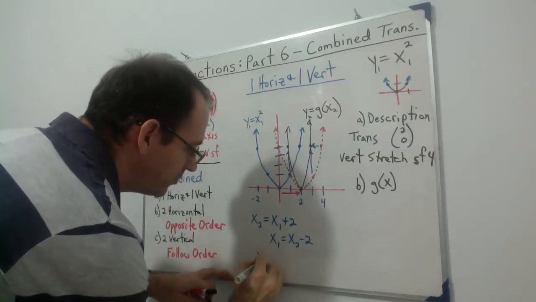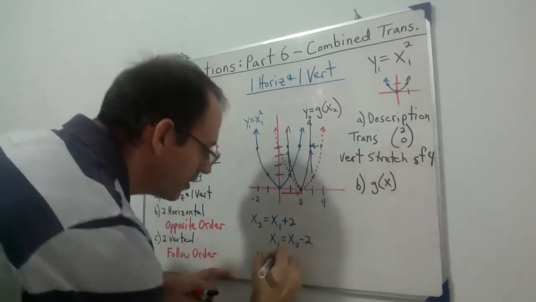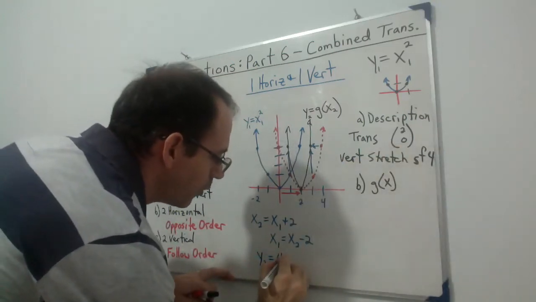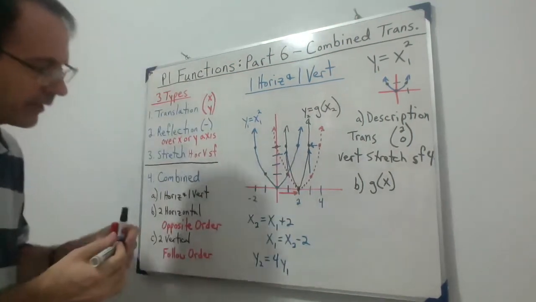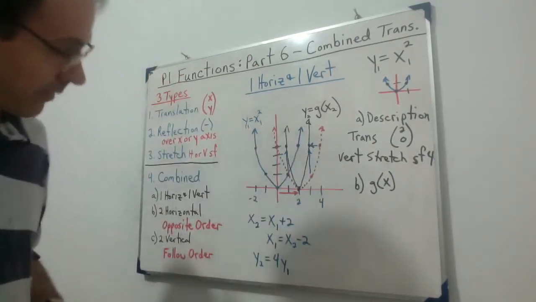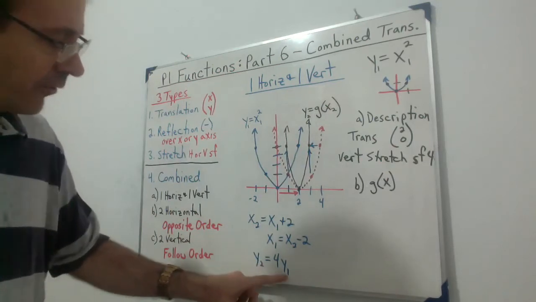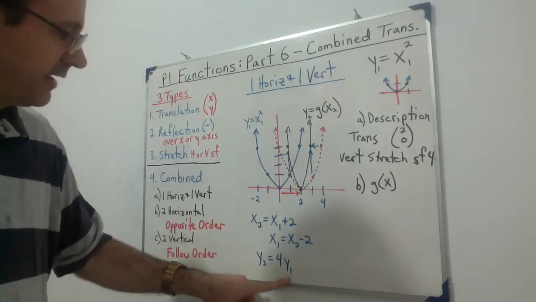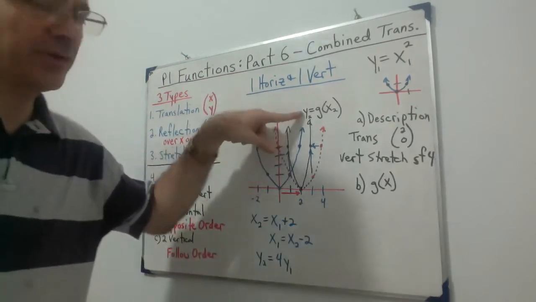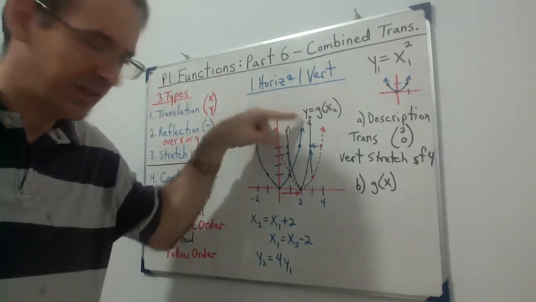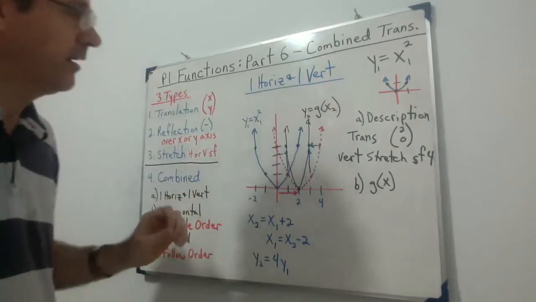So we have y2 is going to be 4 times y1. Now, I don't have to solve for y1, and the reason is because my y2 is already present. It's already by itself.